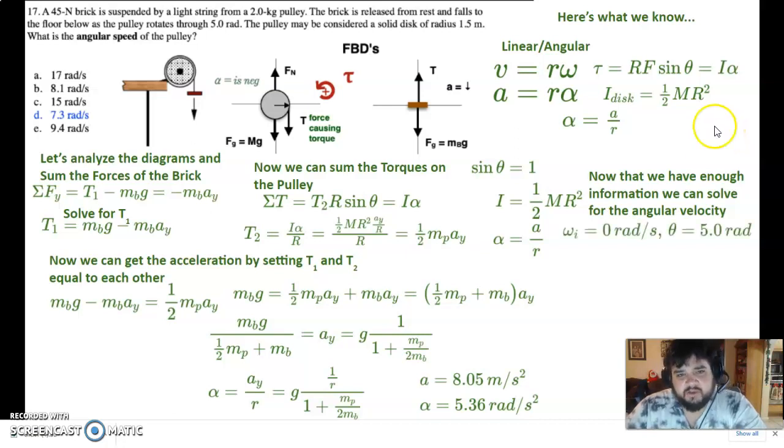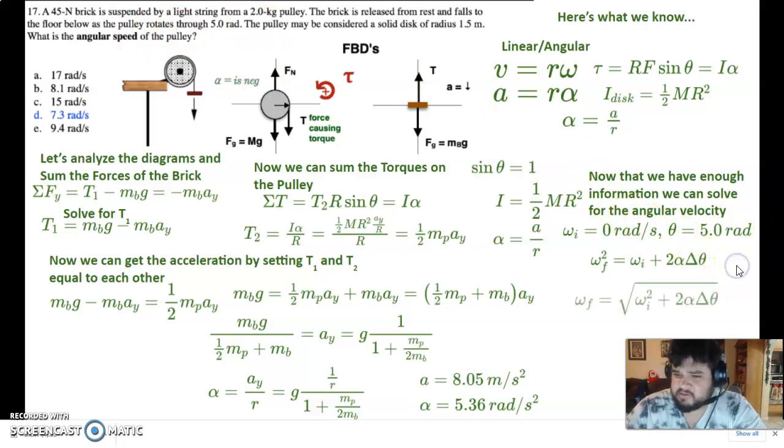We have some other parameters that were given to us in the problem. We know that initially the pulley wasn't moving when the brick fell, and they told us that the pulley rotated 5 rads. Using this, omega final squared is equal to omega initial squared plus 2 times alpha times the change in theta, which is the 5 rads.